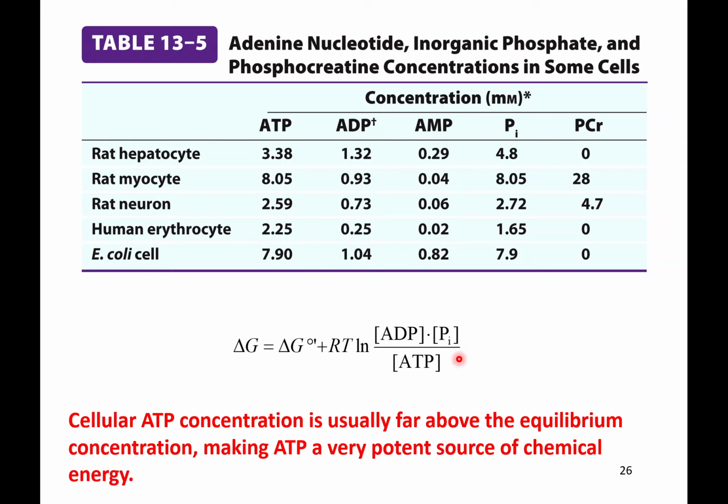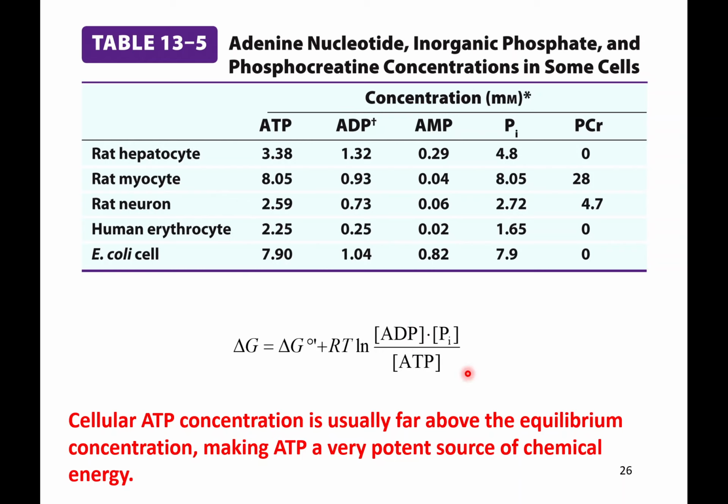And what that does, if you look at that equation again for our delta G at cellular conditions, is give you a very high number in the bottom of this fraction for ATP and some small numbers in the top for ADP and inorganic phosphate, or at least ADP.